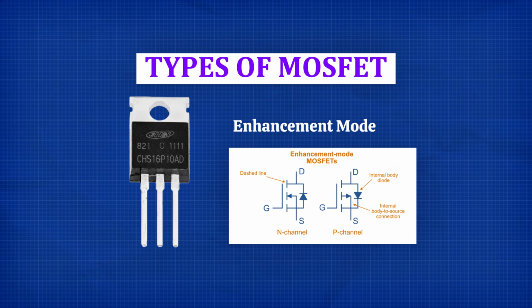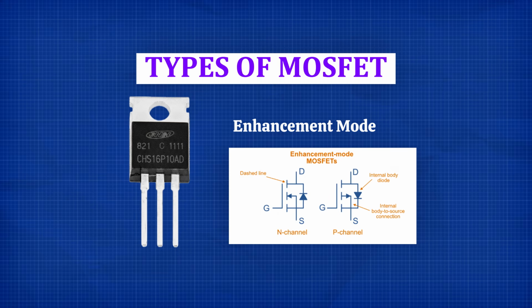No current flows between drain and source. But when you apply a sufficient gate voltage, a conductive channel forms and current begins to flow. So in simple terms, no gate voltage means off, apply voltage means on. That is why it is called enhancement mode, because the channel is enhanced or created by the gate voltage.